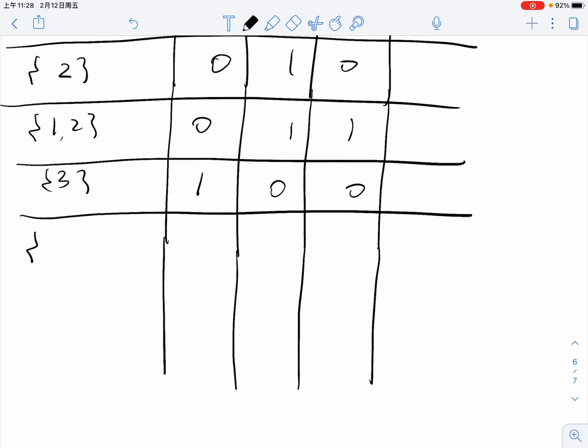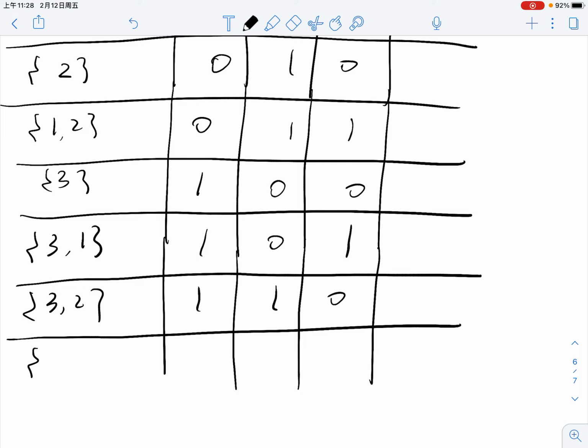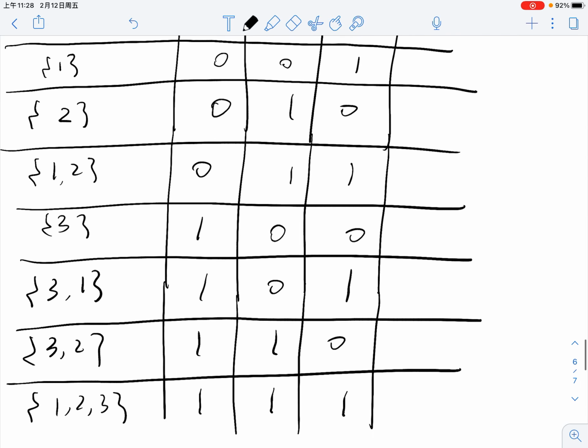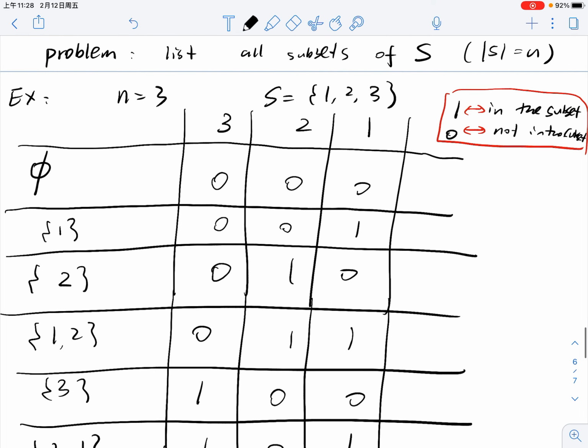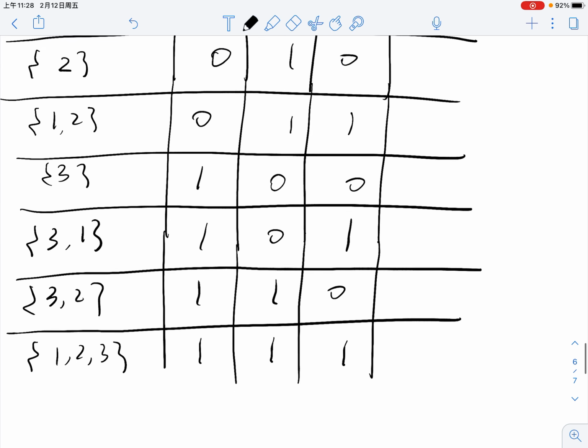And then for {3, 1}, or {1, 3}, you have 1, 0, 1. {3, 2} is 1, 1, 0. And {1, 2, 3} is 1, 1, 1. Okay, so totally we have 2 cubed, 8 subsets, and here you have already enumerated them.